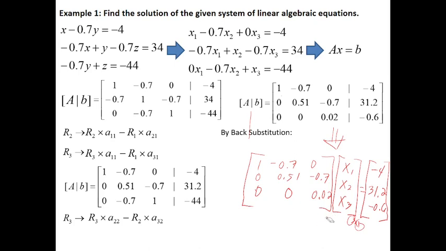So, multiply natin. Alam nyo na ang step. By back substitution, sabihin nito, 0x1 plus 0x2 plus 0.02x3 equals negative 0.6. Tapos, ano yung x3? What is the answer?